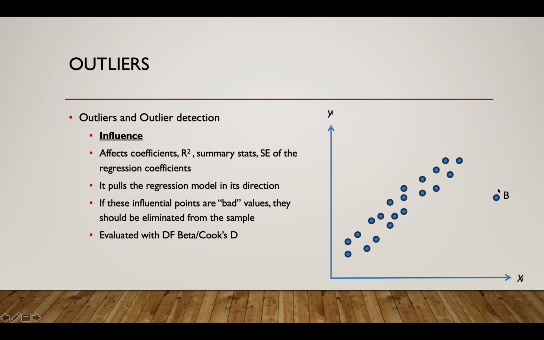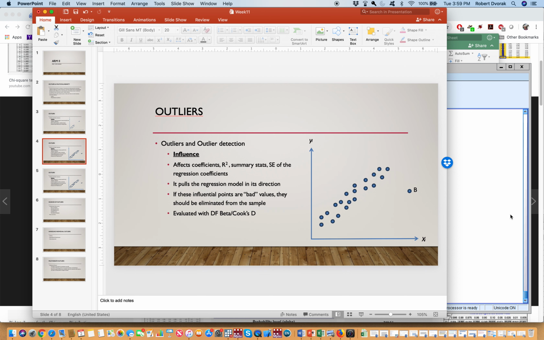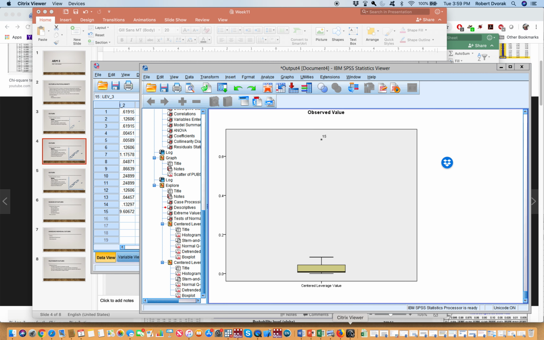In contrast, this thing here pulls your intercept up and it moves your regression line. These influential points are bad values, and if they're bad values, they should be eliminated from your sample. You can check these with DFBeta and Cook's D, and we're going to do that in a minute. So let's hop back over to SPSS.